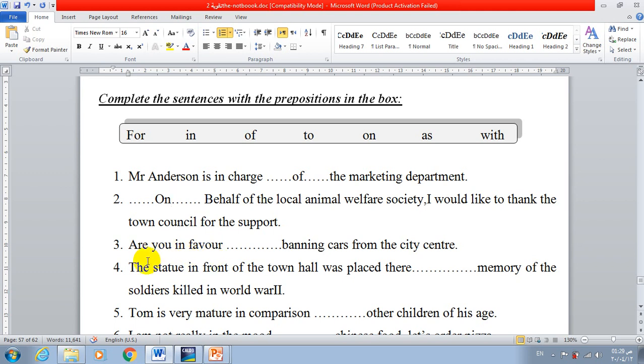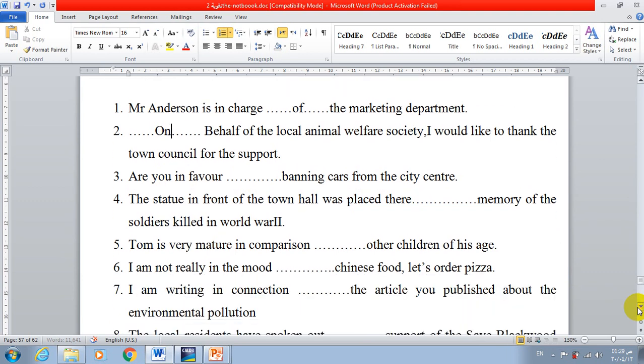Number 3, are you in favor spaces banning cars from the city center? Good. The right preposition here is of, in favor of.